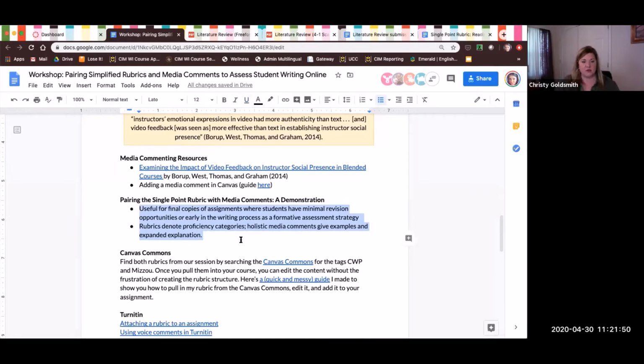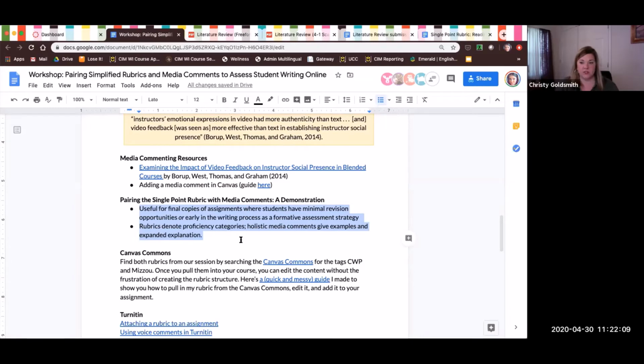So I think single point rubrics are useful with media comments in two ways. One might get to Caroline's point here. I think it's really useful to use media comments and these more subjective rubrics for final copies of assignments where students have minimal revision opportunities.